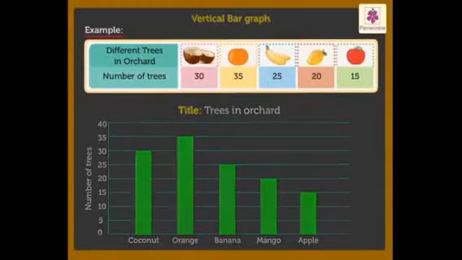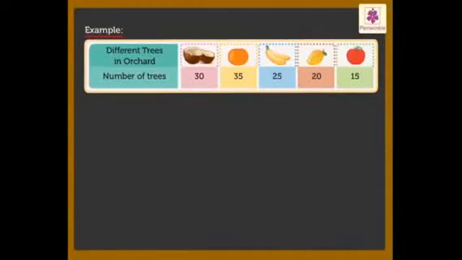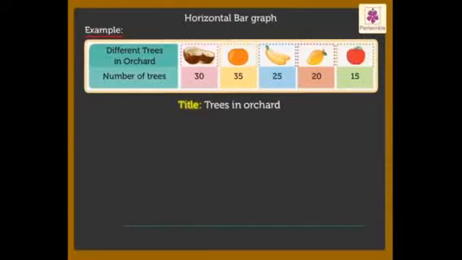Lastly, we shall represent the data in the form of a horizontal bar graph. Step 1. Write a title explaining what is being represented. Step 2. Draw the horizontal and the vertical axis. Step 3. Mark the labels on the vertical axis. The labels represent the objects, etc. Step 4.